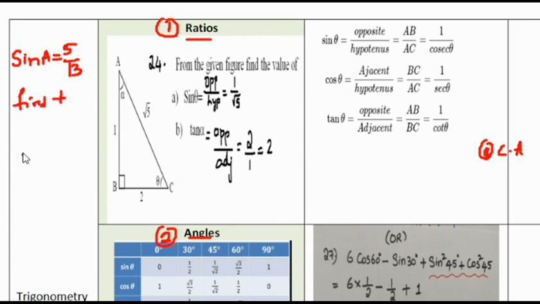So we have to draw the right angle triangle, and here sin theta ratio is opposite by hypotenuse, and similarly we will see other trigonometric ratios. Cos theta is adjacent by hypotenuse, tan is equal to opposite by adjacent. In tan there will not be any hypotenuse. As we know that sin theta formula is opposite by hypotenuse.